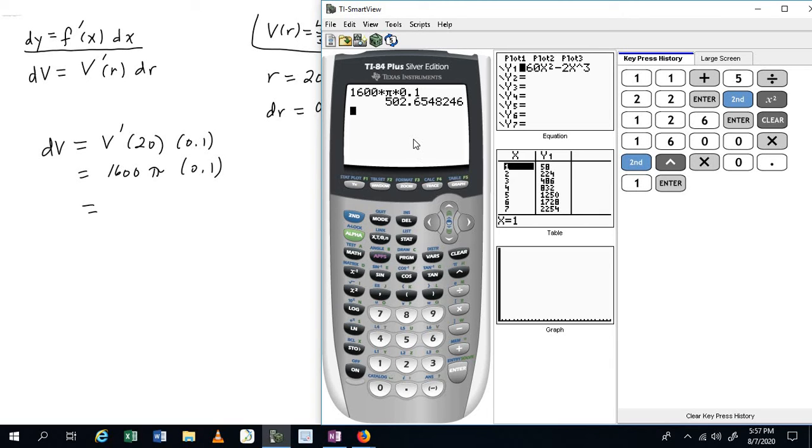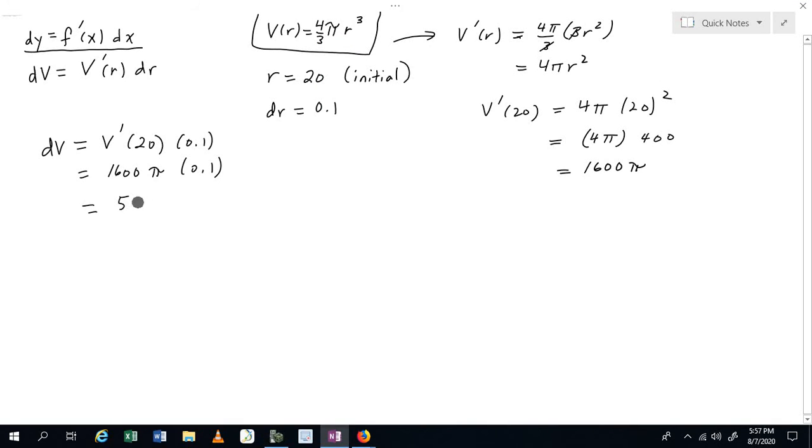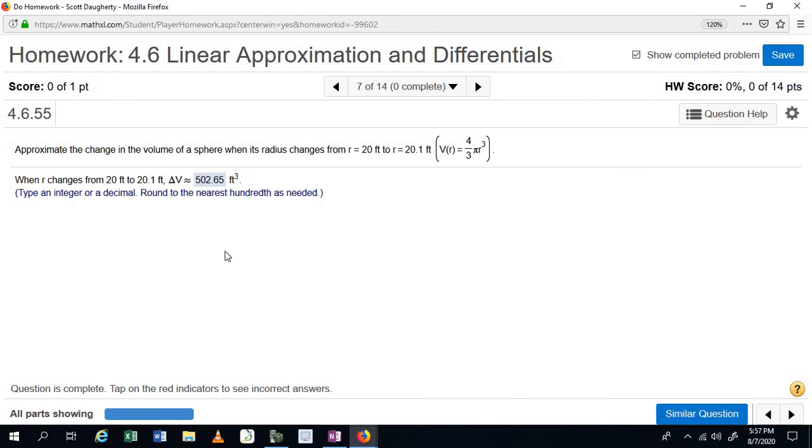So it's about 502.65. And that's an approximation because I've rounded it off. So let's just write that as approximately. And then let's compare that to the answer in MyMathLab. So 502.65, rounded to the nearest hundredth.